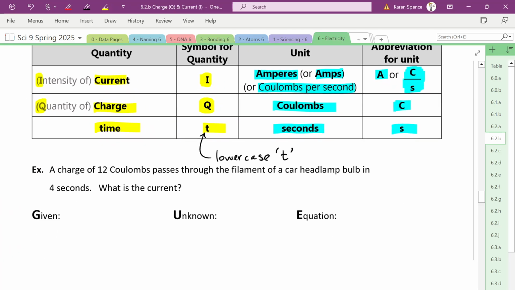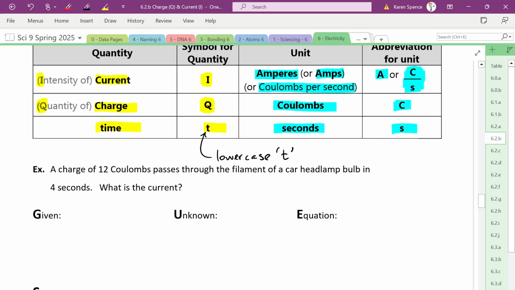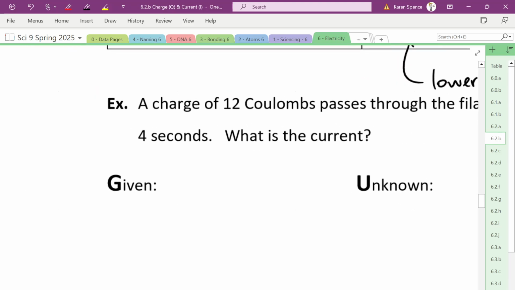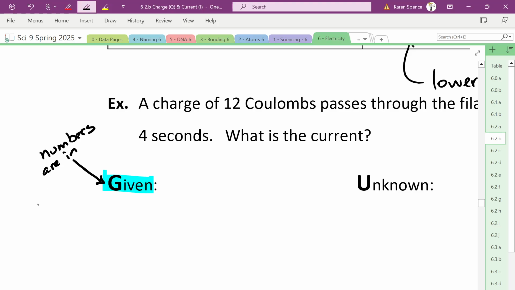So now we are going to use guess cubs to solve a problem. So we are going to identify our given, and remember the given are things where the numbers are in the question. So see if you can find numbers that are in the question. What have we got?